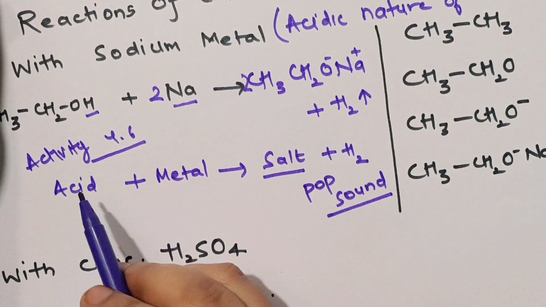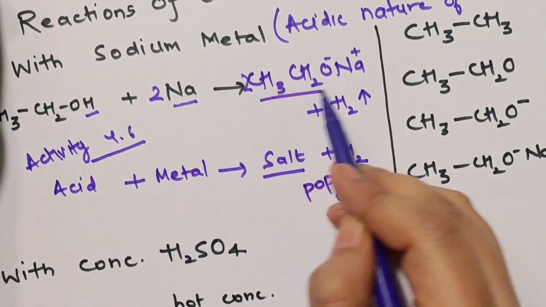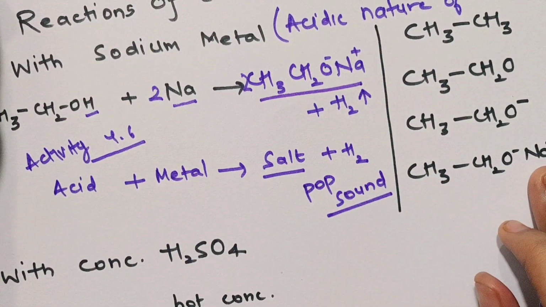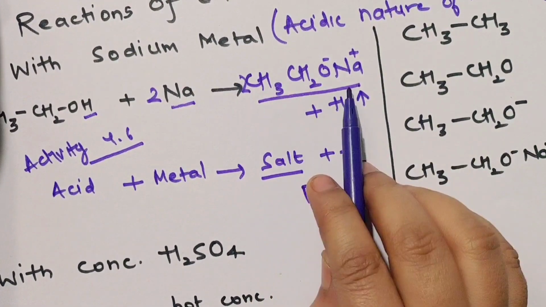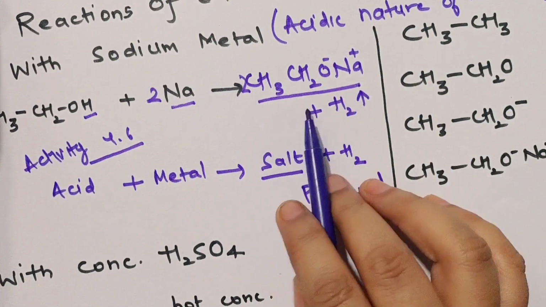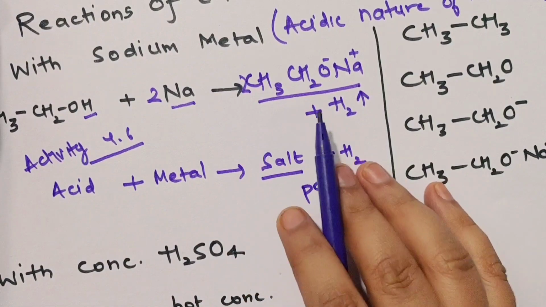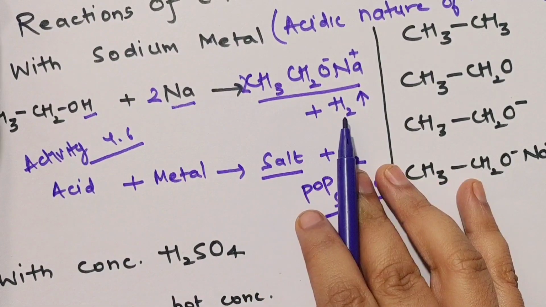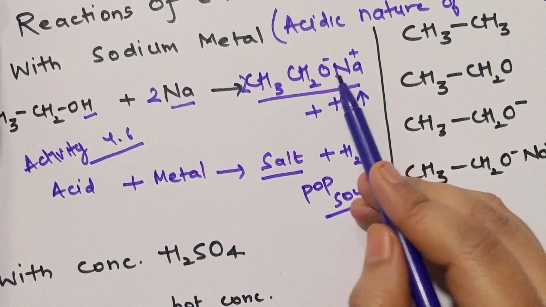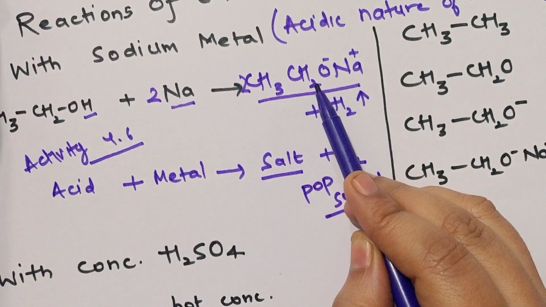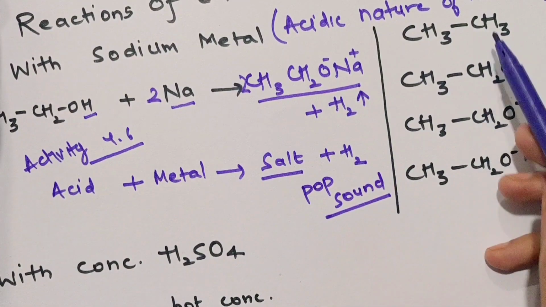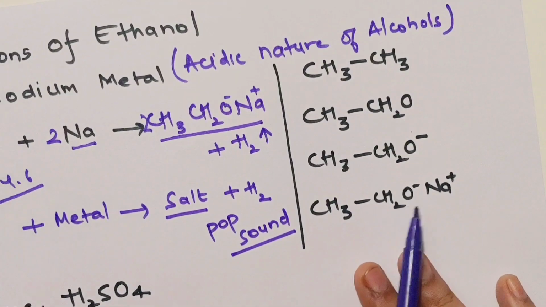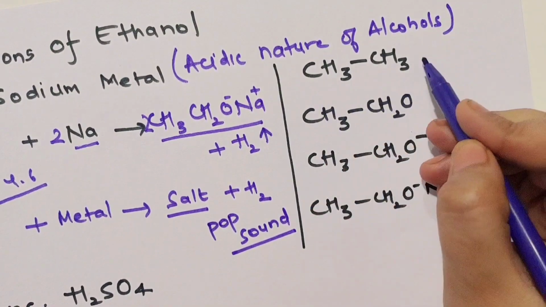Now, naming of this can be tricky. I'll tell you an easy way to remember the name, or rather there's a logic to naming this kind of compound. As you can see, this is a salt, that means this is an ionic compound. Remember that when we are discussing this. So this is ethane.